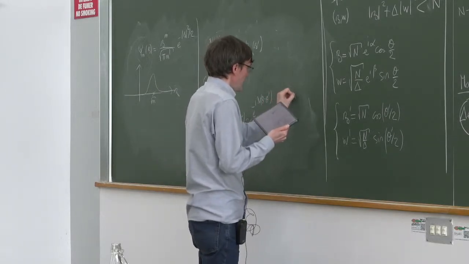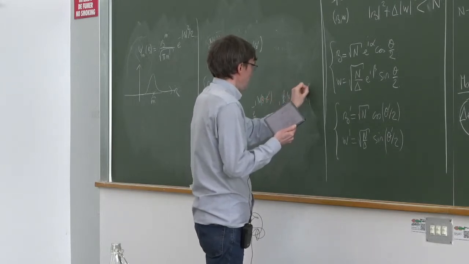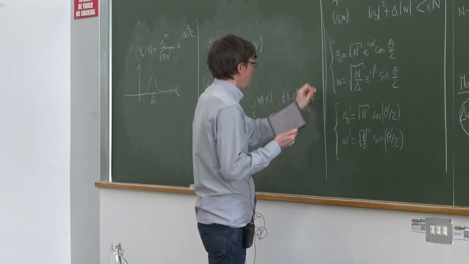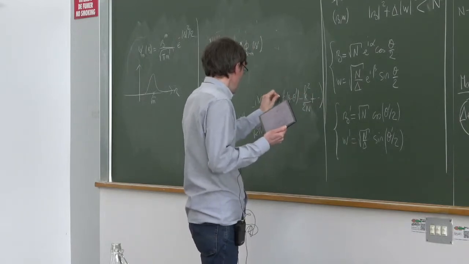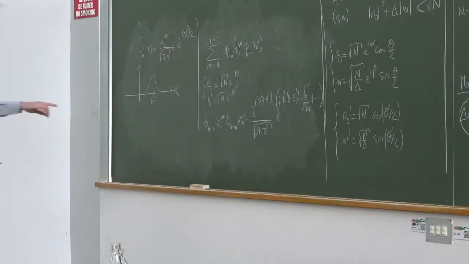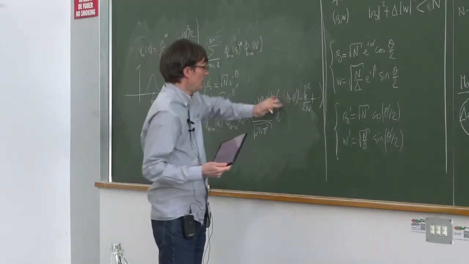So I give the really hand-waving argument, minus m squared over 2n plus dot dot dot, which means subleading corrections. Roughly speaking, the sign you get just by, sorry, this is not k, it's m.